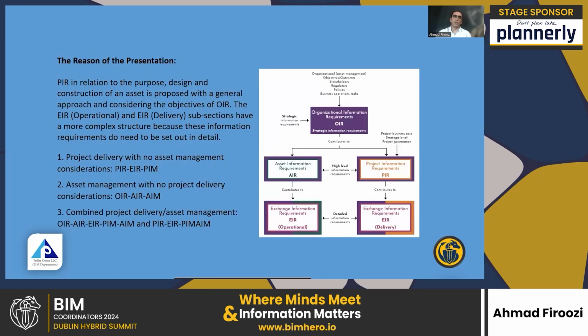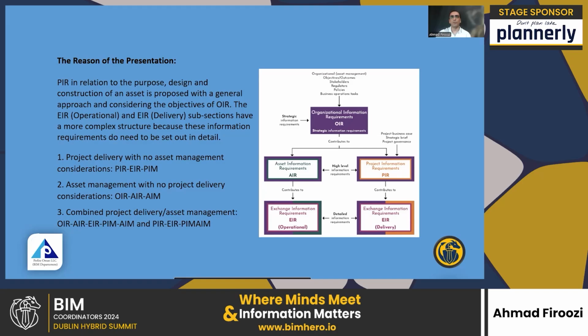The reason for choosing this issue was because in the BIM process, if we consider it in general according to the figure below, as can be seen, the OIR expresses the general goals of the project and the client's needs. AIR sets out the asset-related information which the asset owner or operator needs, either for themselves or for their stakeholders.